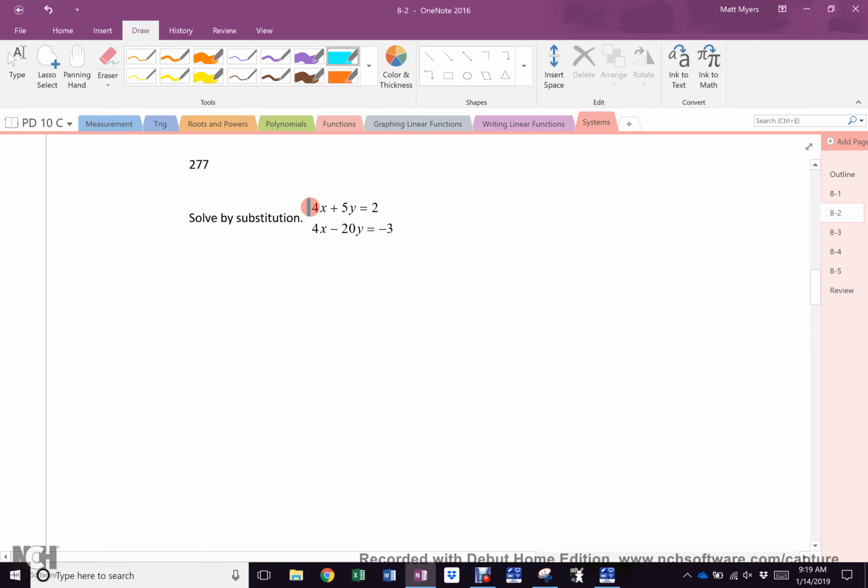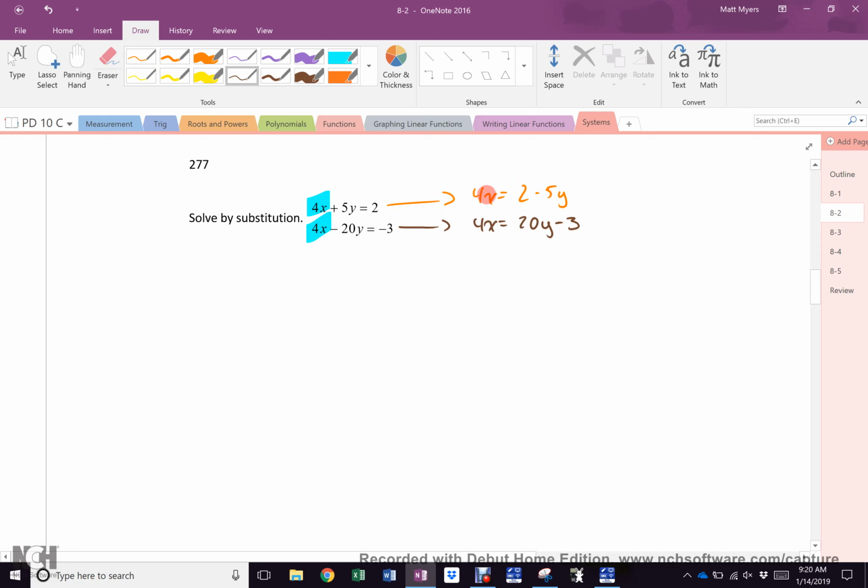What do you notice there and there? 4x and 4x, correct? So here, doesn't 4x equal 2 minus 5y? Doesn't it? And here, doesn't 4x equal 20y minus 3? Doesn't it?